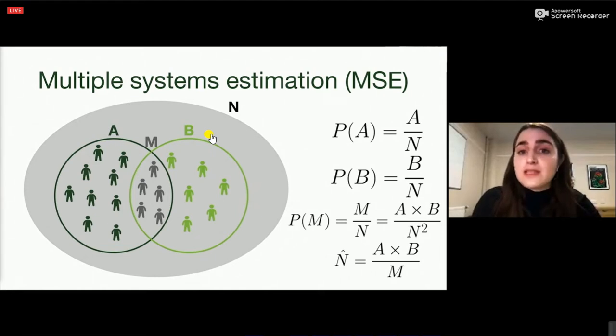Rearranging the terms in this equation, we can say that our estimate of n is then equal to A times B divided by M. I think that this is really cool because using only the data we've observed, we now have this estimate of the entire population of victims, including the victims whose stories were never documented.